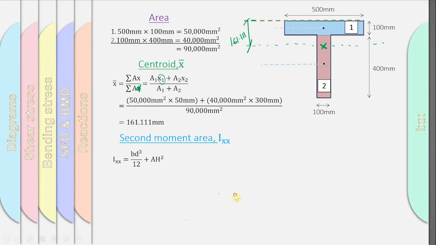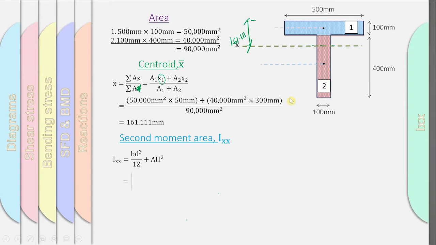So first what we need to do is, okay, tandakan. Okay, here I dah mark lah this 161.11 ni kat mana. As you can see here dekat gambar ni, I dah tanda dengan warna hijau, garisan hijau ni. 161.11 from the top, the very top of the section ni.